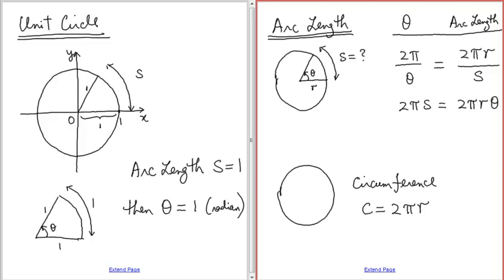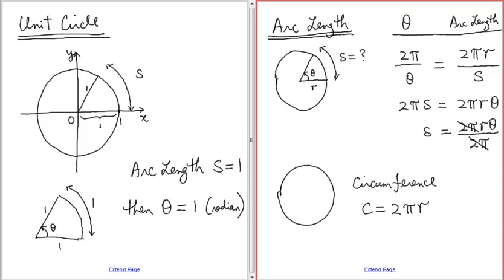So how can I do that? I divide both sides by 2 pi. So the s becomes 2 pi r theta divided by 2 pi. So you see that the 2 pi cancel out.